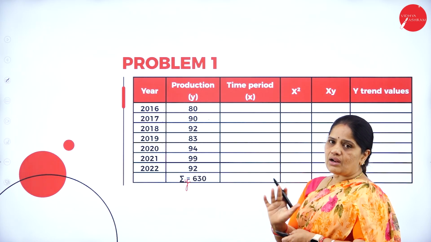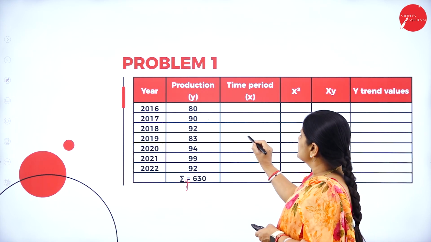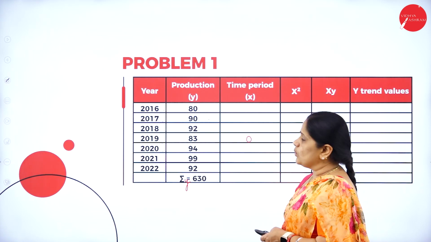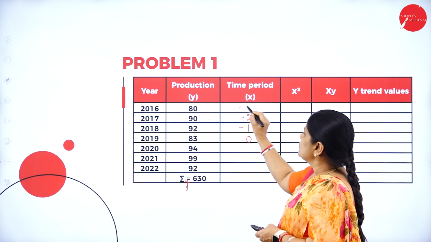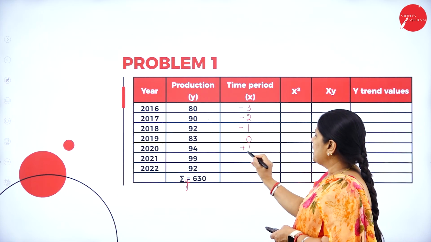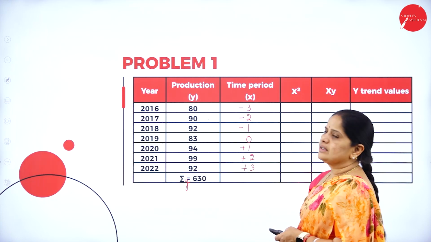When an odd number of values is given, the middlemost time period x will always be 0. Then here it will be -1, -2, -3. Then here it will be +1, +2, +3. Yes?